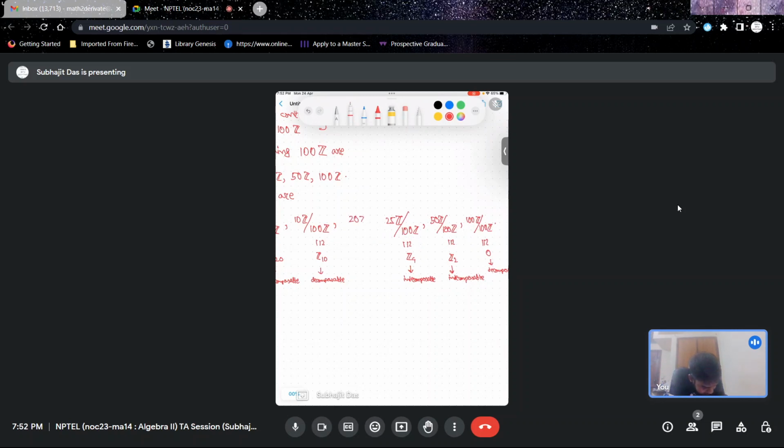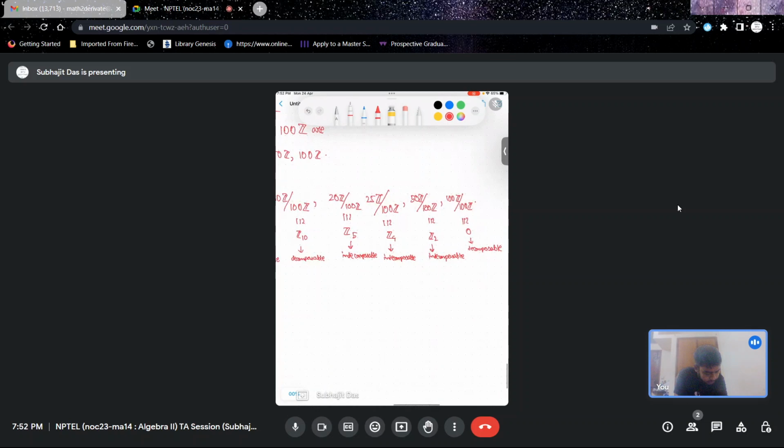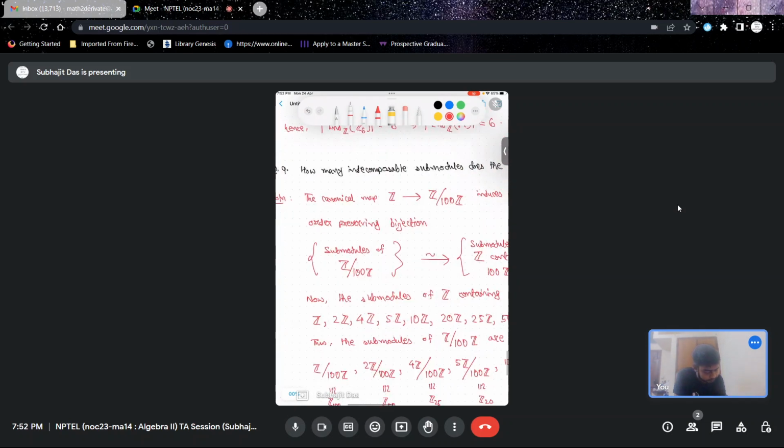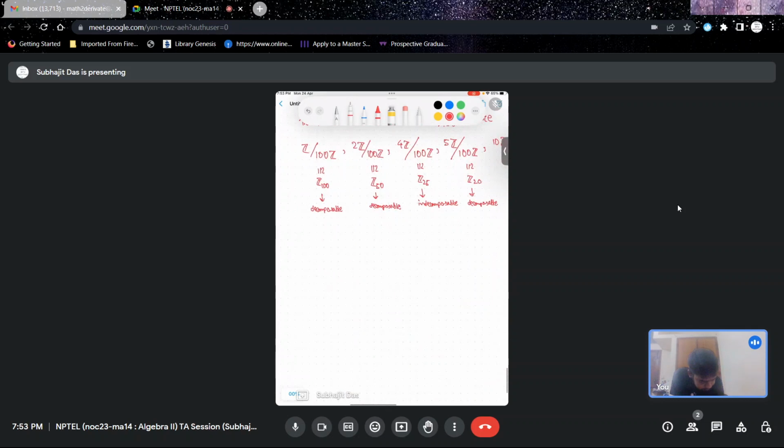So 20Z mod 100Z. This is isomorphic to Z4. Oops, sorry. This is isomorphic to Z5, which is again indecomposable. So 1, 2, 3, and you have 4. So the correct answer is 4.